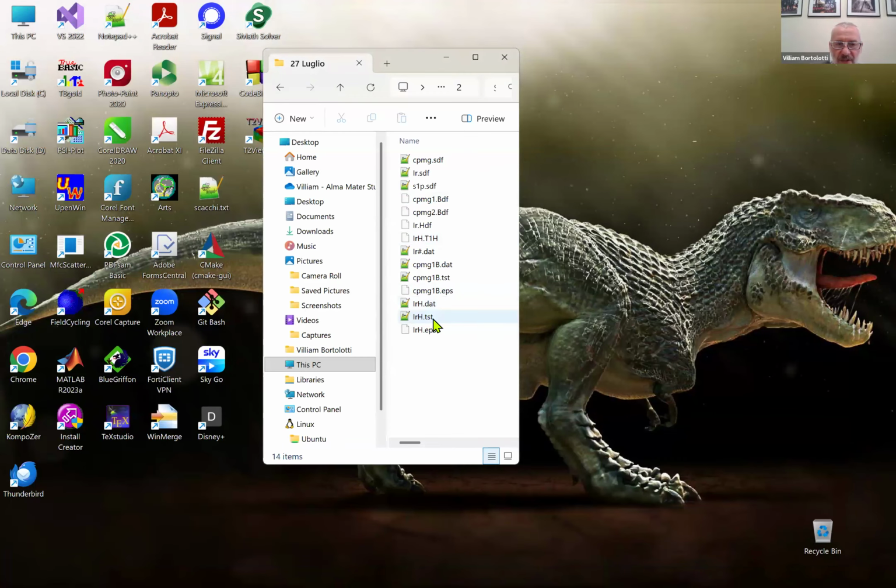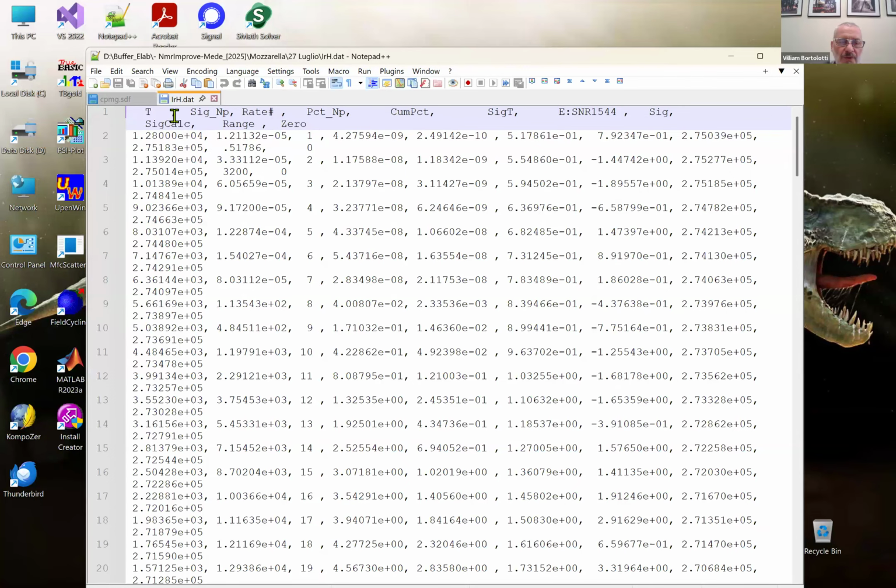The result is this. The typical output of the inversion software is like this, in which you have the inversion time computed, this is the time computed, and also the amplitude corresponding to the time, both for T1 and for T2.